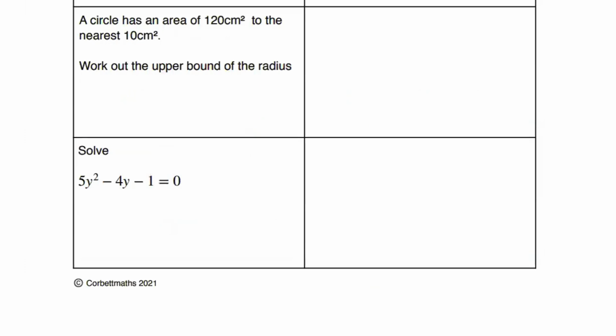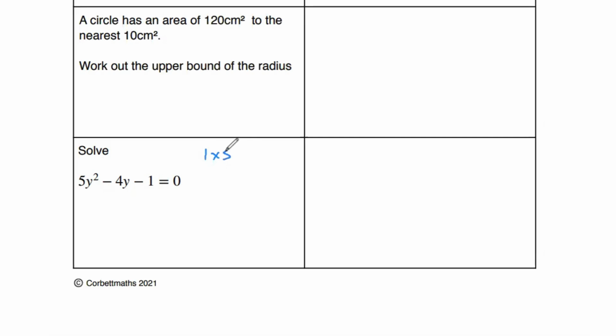Then it says solve 5y squared minus 4y minus 1 equals 0. So this is a quadratic equation, and they're asking us to factorize this and then give the values of y. So to factorize this, either you can use the quadratic formula or splitting the middle term. I'm going to use splitting the middle term over here. So we multiply the coefficient of y squared with the constant.